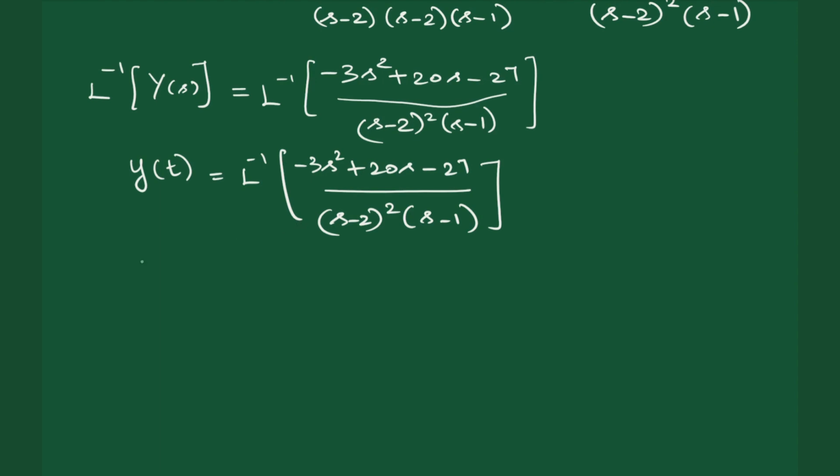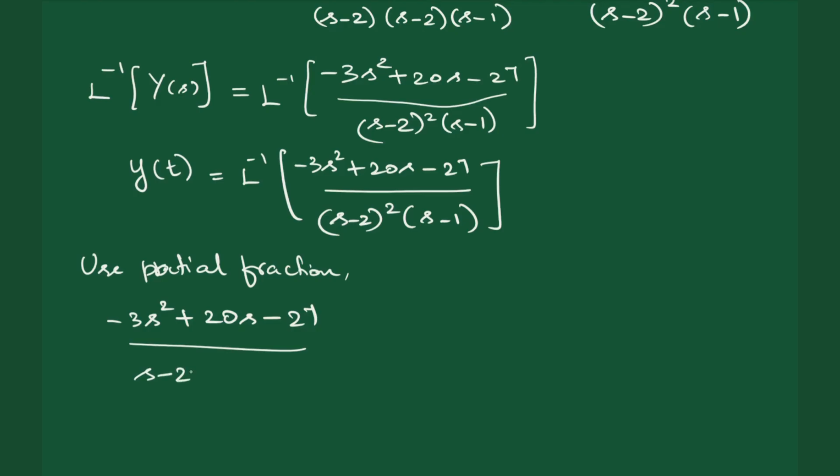So here the easiest way is we can use the partial fraction method. Using partial fraction, we can split it into, since the denominator is s minus 2 whole square into s minus 1, this is equal to, if you notice here, we are having two linear factors, one is repeated, one is not repeated.